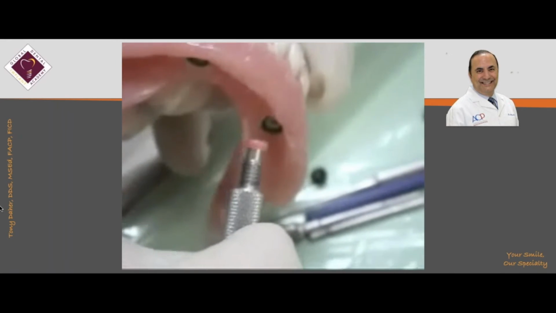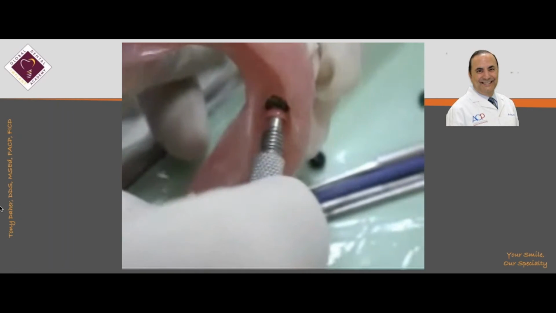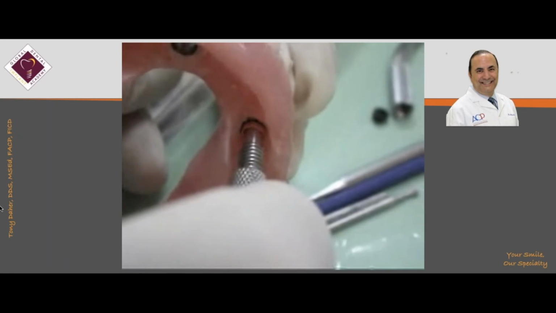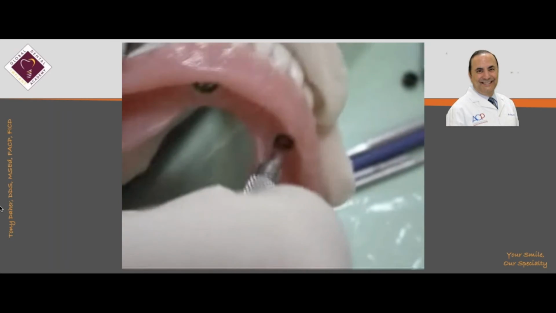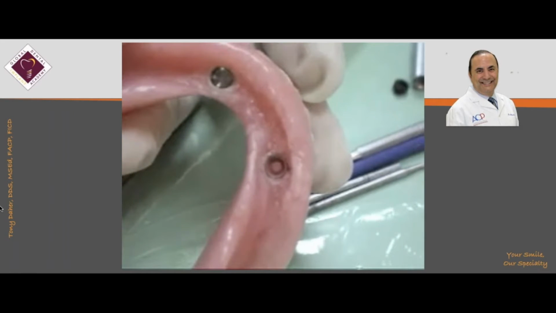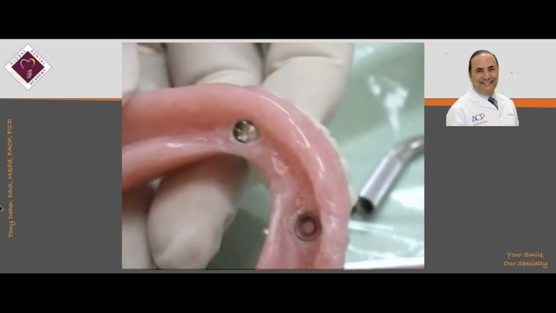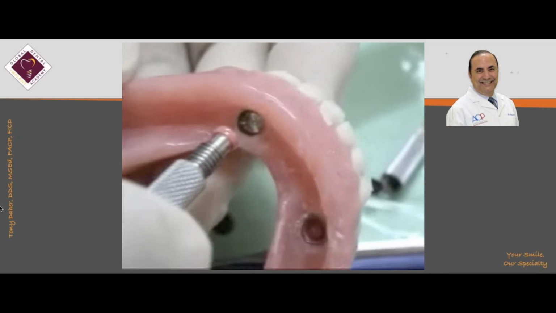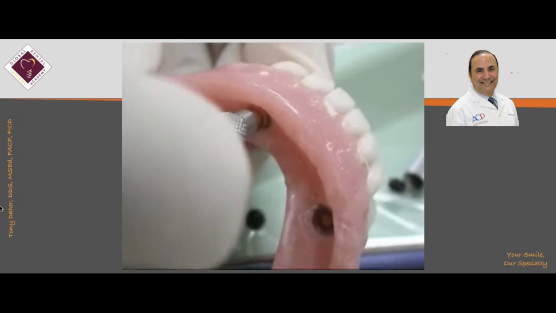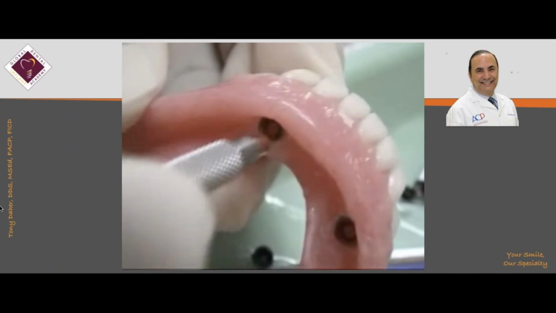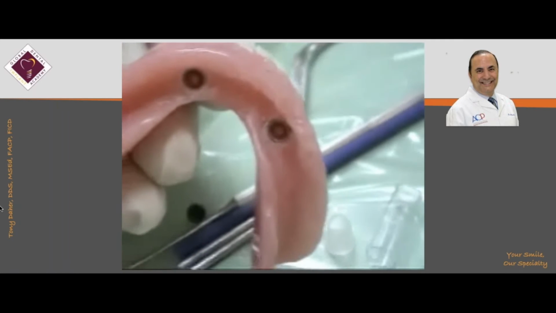The experience in my practice tells me that usually male patients like the pink, the medium retention, and female patients are mostly happy with the blue retention. It should be the other way, pink for female and blue for male, but it works the other way around.